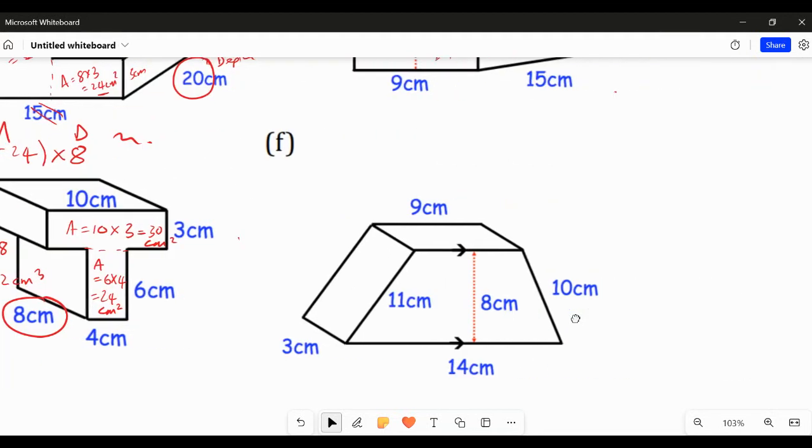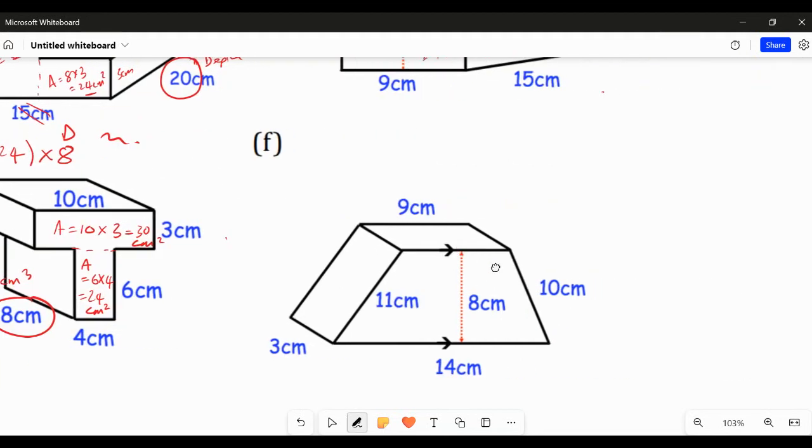Okay, let's go to the next one. For this one, this area over here is given by a half. Now this is 9 and that's 14, so it's 9 plus 14 multiplied by the perpendicular height 8. Nine plus 14 is 23.